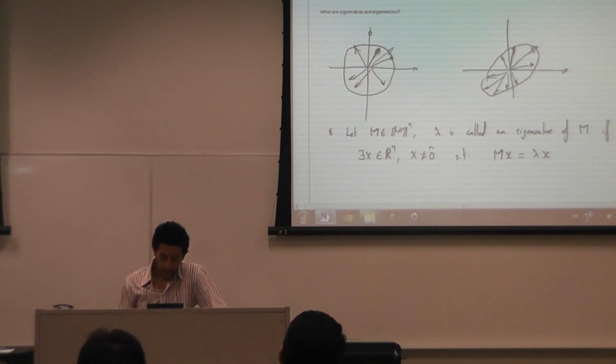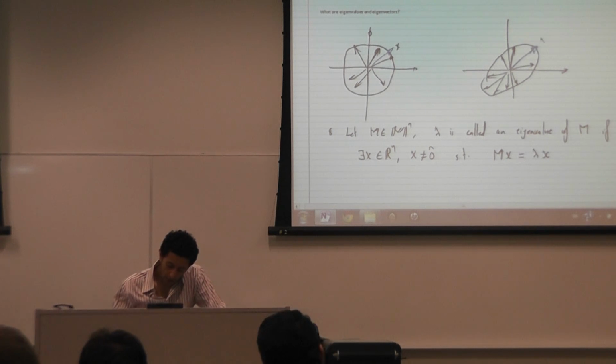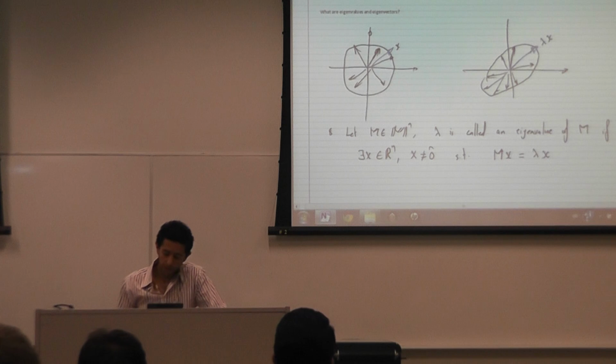And so x keeps its direction. This is x, and this is a multiplier multiplied by x.